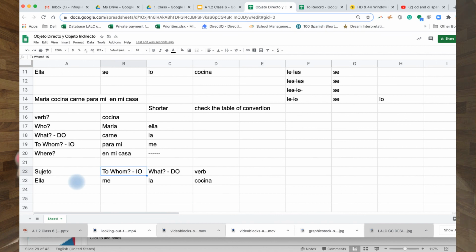Once you do it many times, I swear I have students who just read the sentence and can flip it and make it shorter. And when another person says it, they can understand what they're talking about. Okay, maybe I can do one more example and then you can just do it at home.